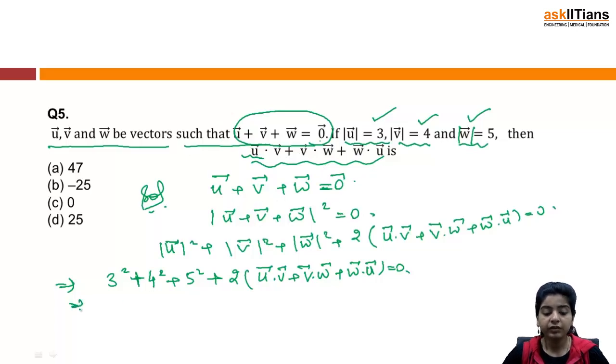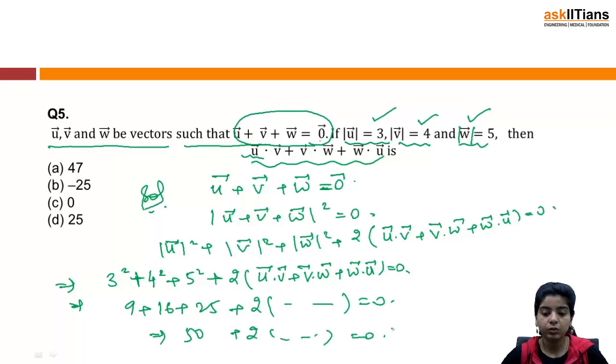Okay, so this gives me 9 plus 16 plus 25 plus twice of again this term is equal to 0. This becomes 25 plus 9 is 34 plus 16, 50, plus twice of this term is 0, which gives me twice of u dot v plus v dot w plus w dot u equal to minus 50.